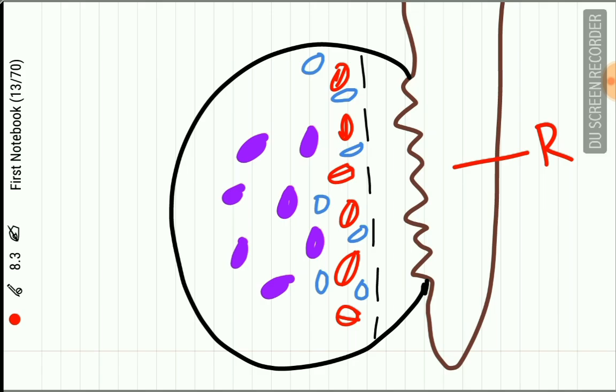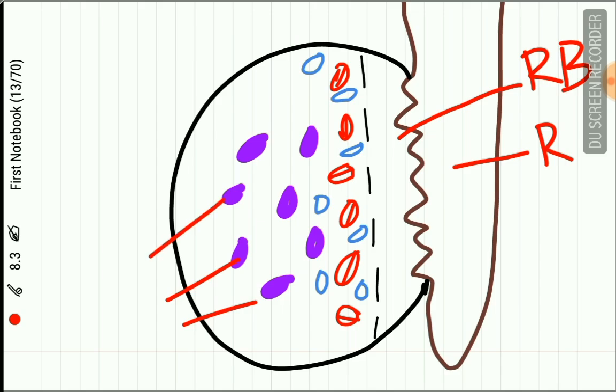The odontoclasts are attached to this resorbing surface by the help of a ruffled border. Now, these odontoclasts are multinucleated giant cells. You can see multiple nuclei which are shown by purple circles. The ruffled border is present adjacent to the area which is to be resorbed.